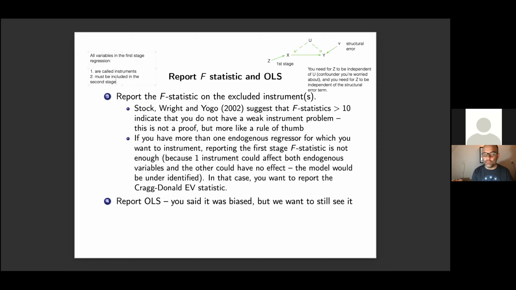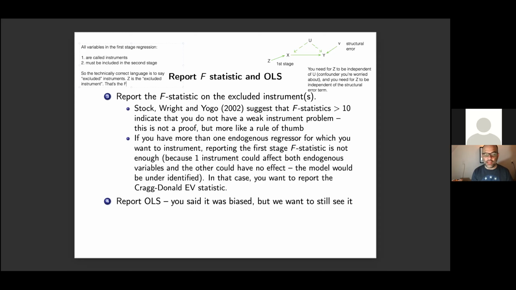So recall, the technically correct language is to say excluded instruments. Z is the excluded instrument.